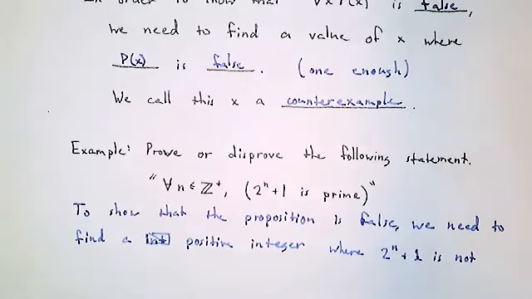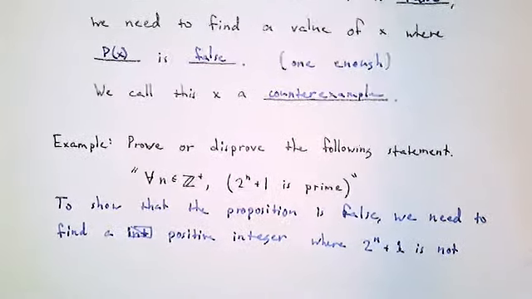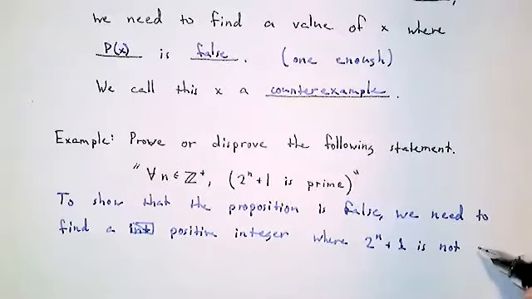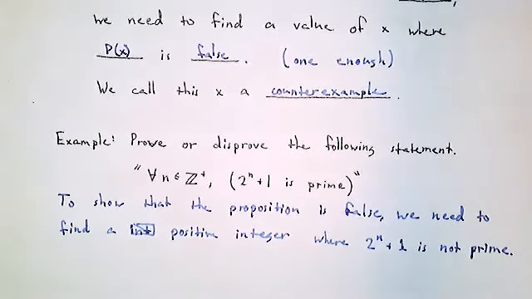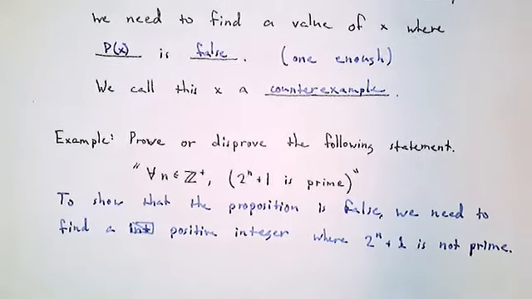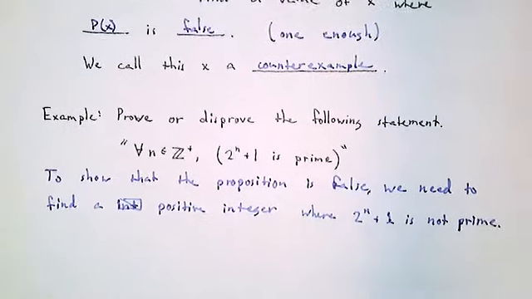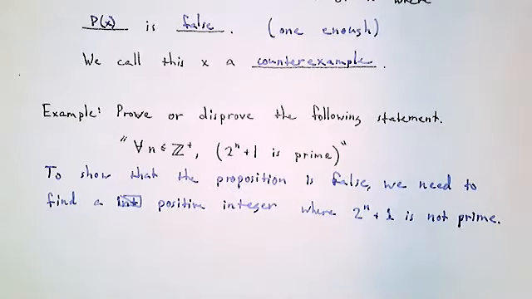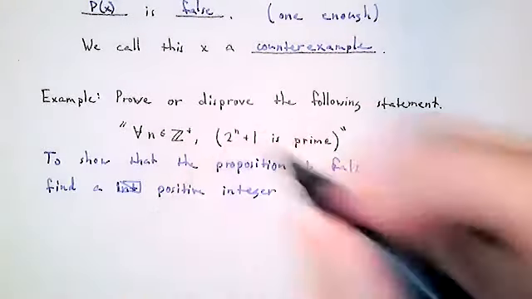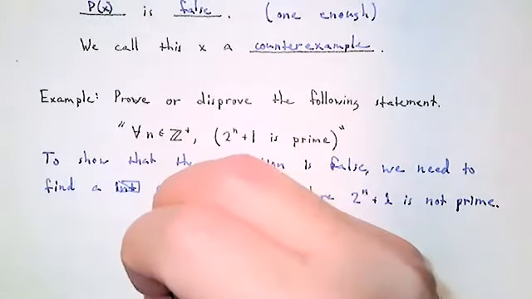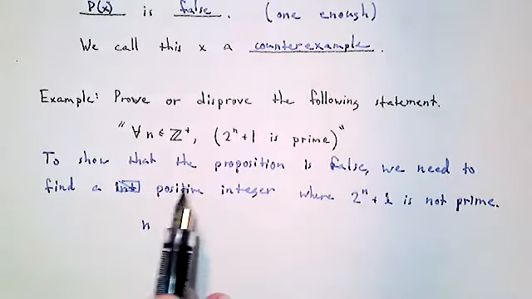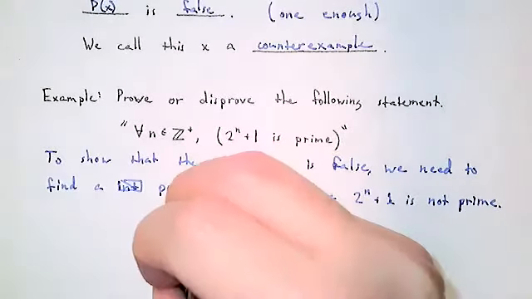Again, this is where a little bit of guesswork or creativity can come in, because there's not really a method to find this number. We just have to come up with it. One of the easiest ways is just to start plugging in positive integers. Maybe one of you already knows the answer, but let's say I didn't have any idea how to get started. I could just start with the smallest positive number and see what happens.